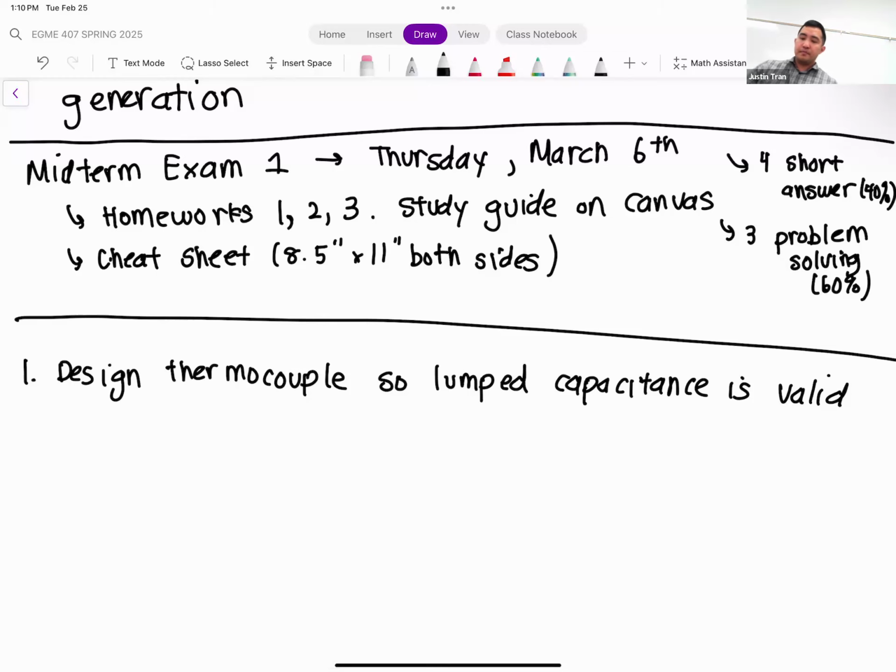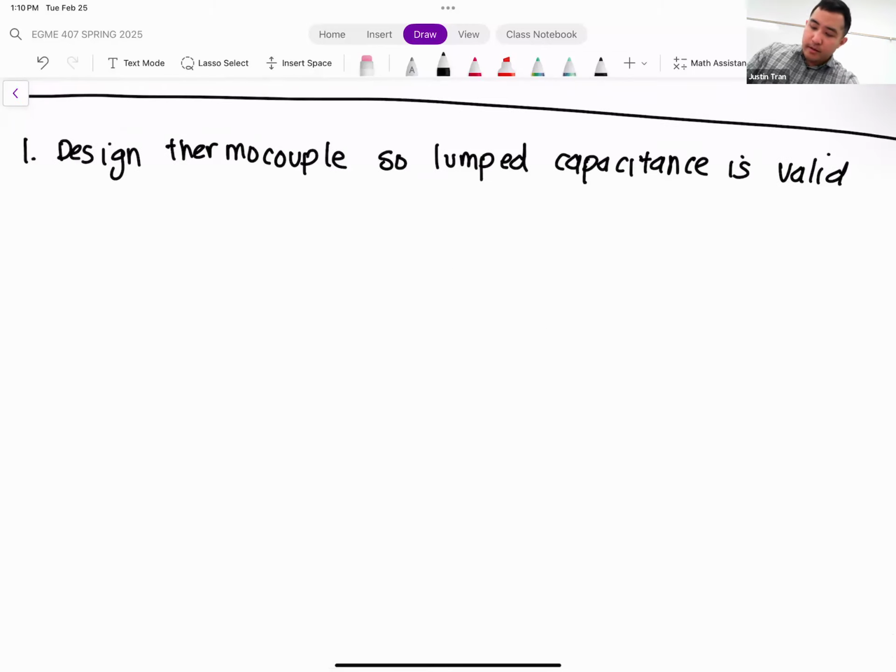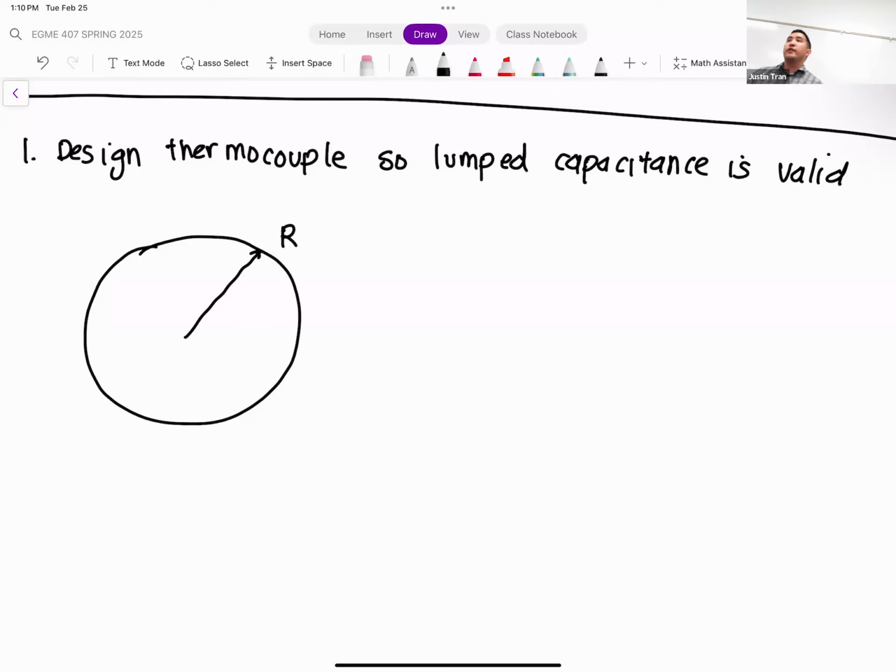Let me draw the thermocouple here again. Like I mentioned before, the only parameter we're not given is the radius of the sphere. So this part of the problem is asking us to select a radius so that we can actually apply the lump capacitance method.